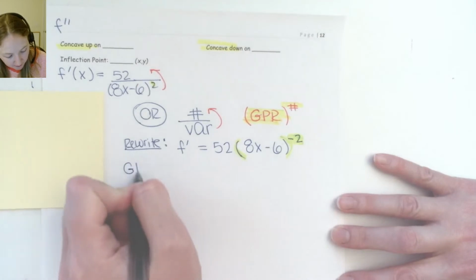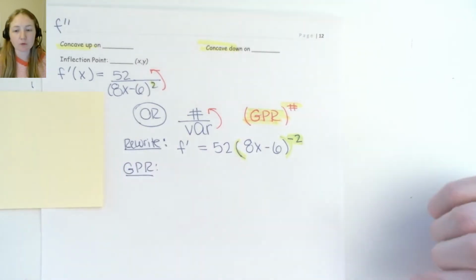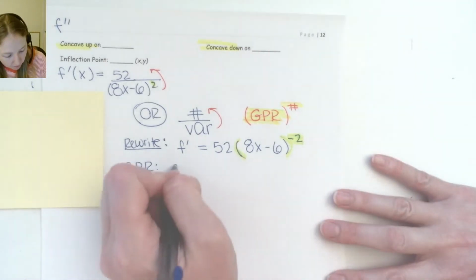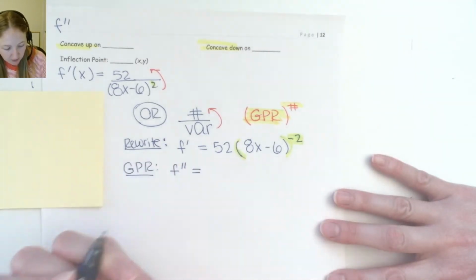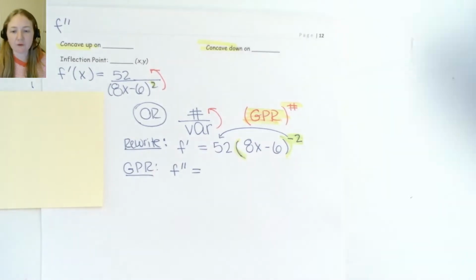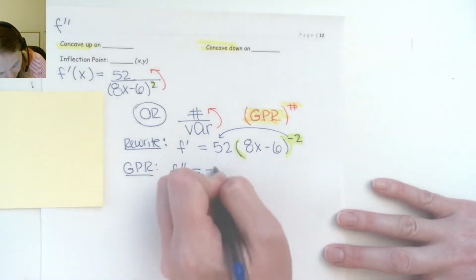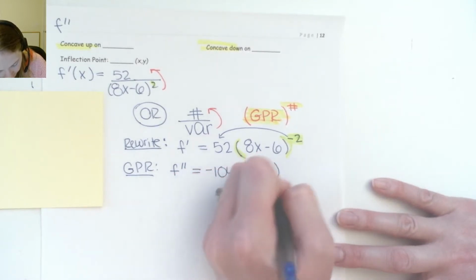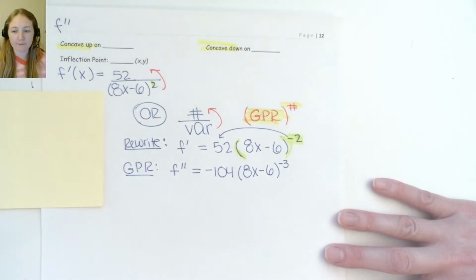So my second step here will be to use the general power rule, where this is me taking the derivative. I will have the second derivative now, and I bring the 52 times the negative 2 down to get negative 104. Keep the base and subtract 1.